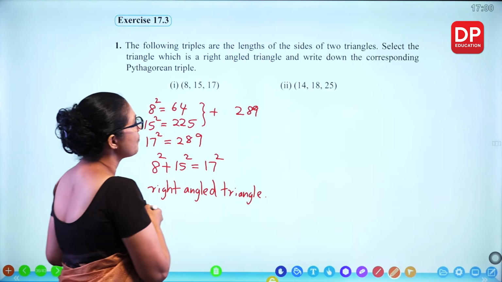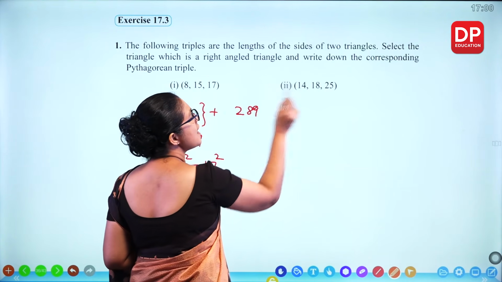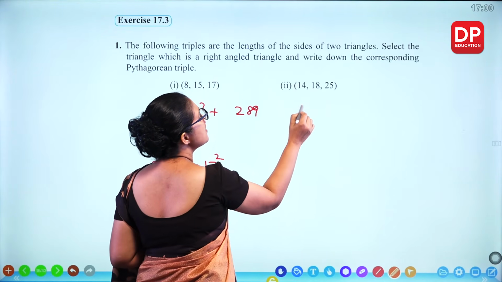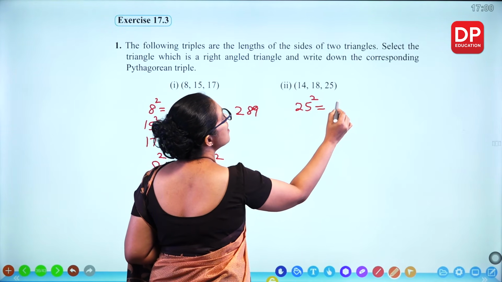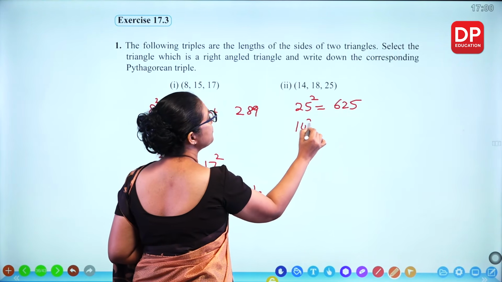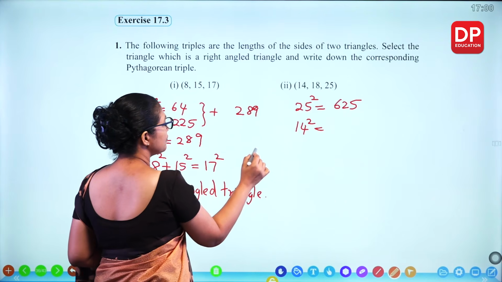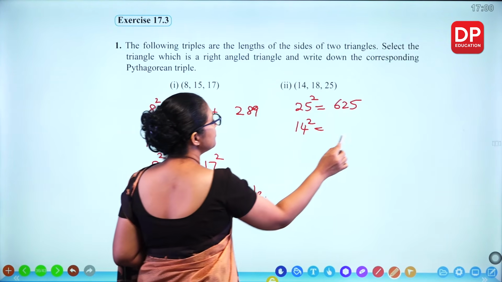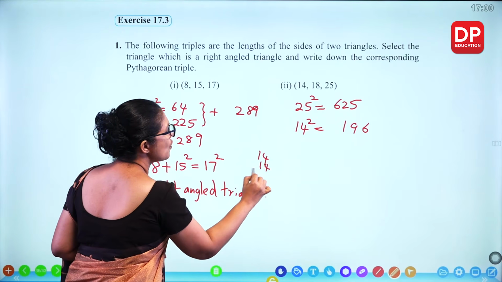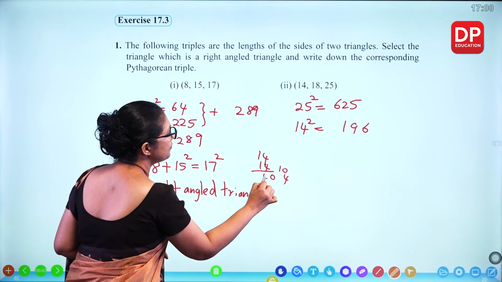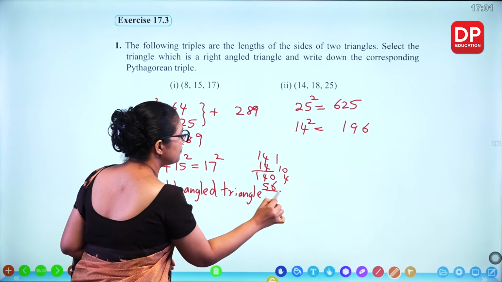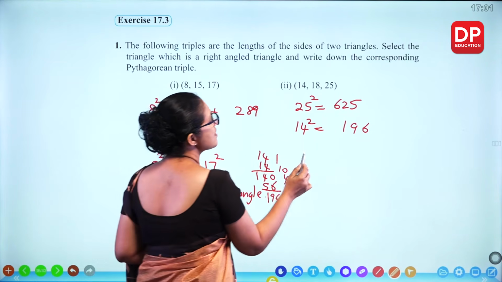This one. Largest side is 25. Normally the hypotenuse is the longest side. So 25 squared is 625. What is 14 squared? 196. We'll check, 14 times 14, 196.